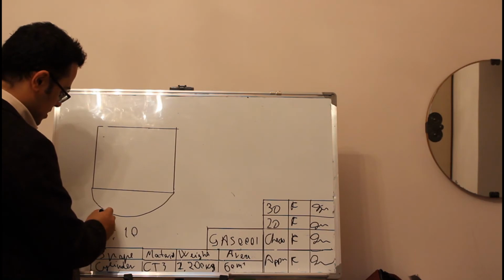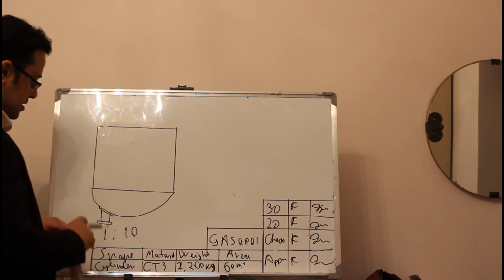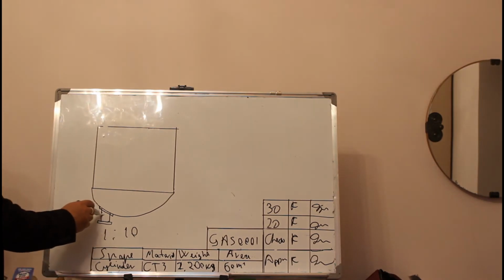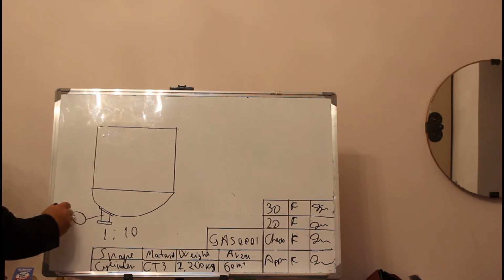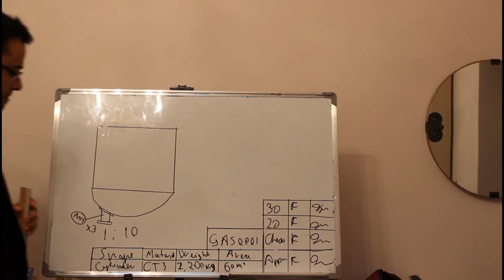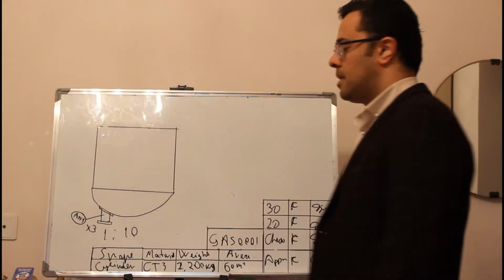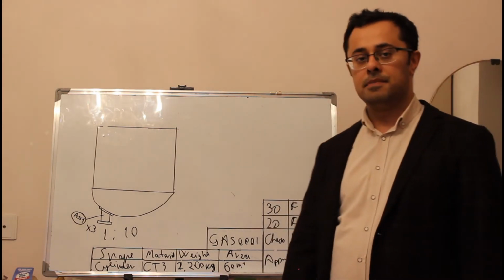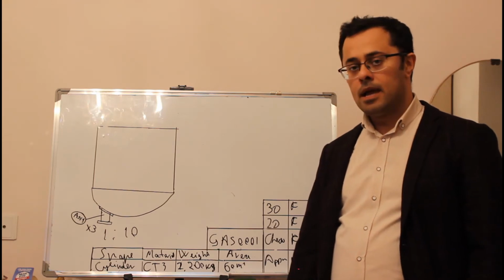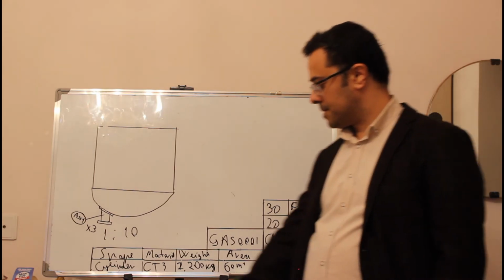Everything is exactly perfect. Very excellent job. So I call it assembly 1, leg multiplied by 3. So I called the leg assembly number 1 and I multiplied it by 3.